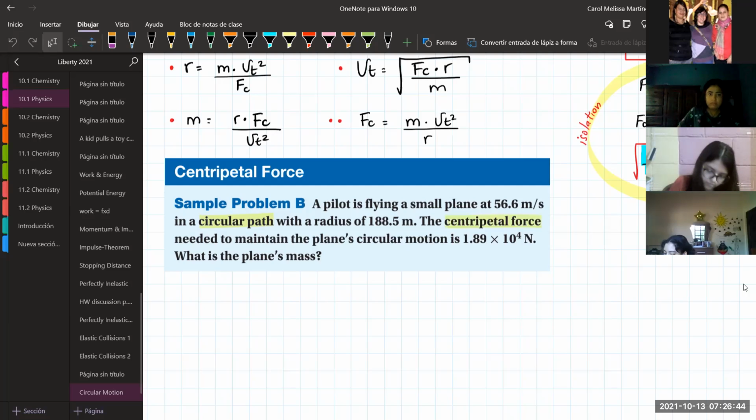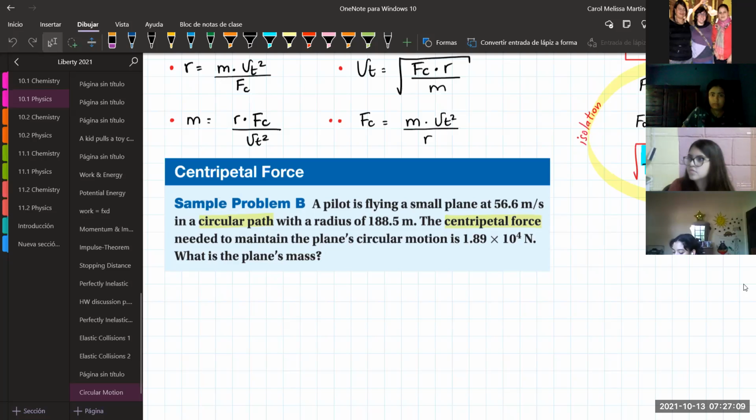So this is mentioning centripetal force, so that you know then that you have to use any of these isolations, okay? Because the centripetal force is mentioned in the problem. Centripetal force needed to maintain the plane's circular motion is 1.89 times 10 to the fourth power Newton. What is the plane's mass?